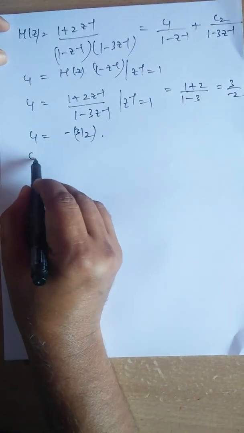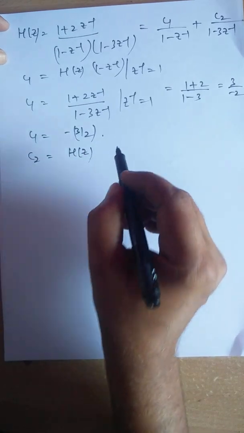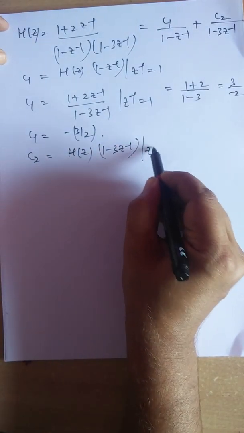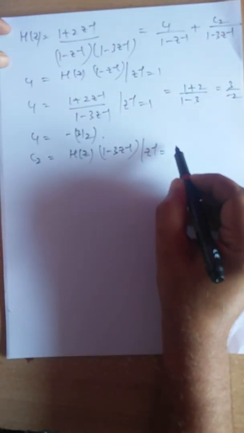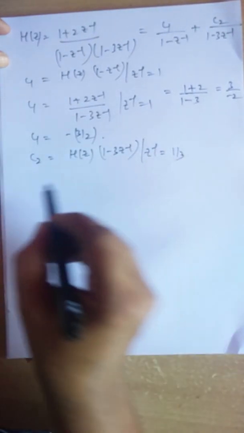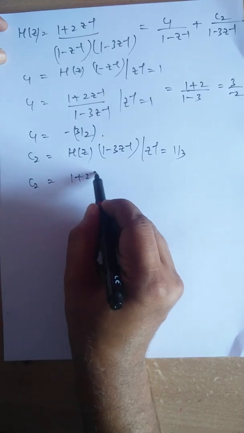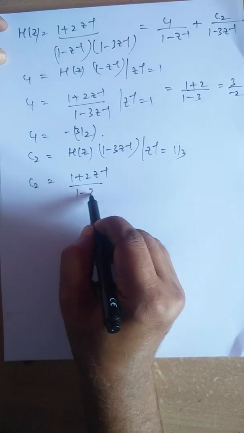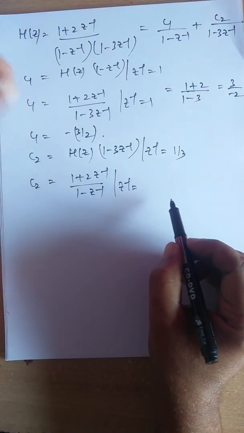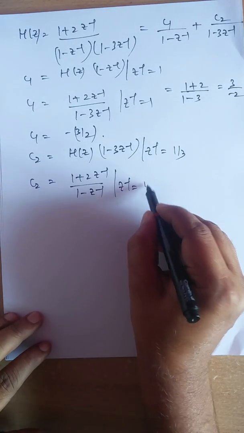Similarly, to get the c2 value, multiply H(z) by the denominator of c2, that is (1 − 3z^(−1)), where z^(−1) is equal to 1/3. Then c2 is equal to (1 + 2z^(−1)) divided by (1 − z^(−1)), where z^(−1) is equal to 1/3.